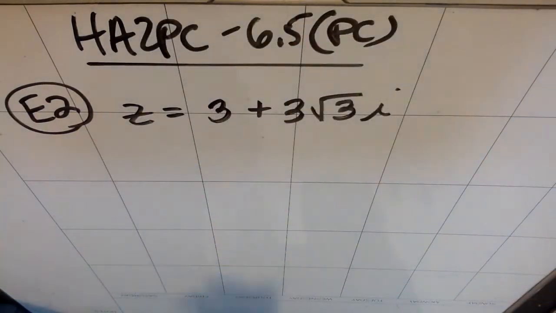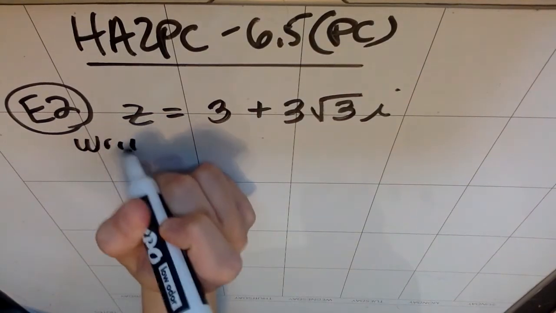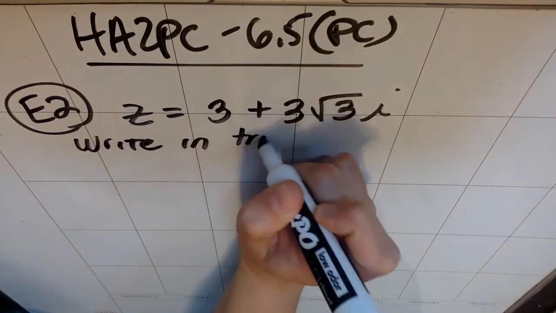Yeah, I'm cool with it. That works for me. All right, so I'm going to pick 3 plus 3 root 3i. All right, so I want to write this. So we're going to write this in trig form.